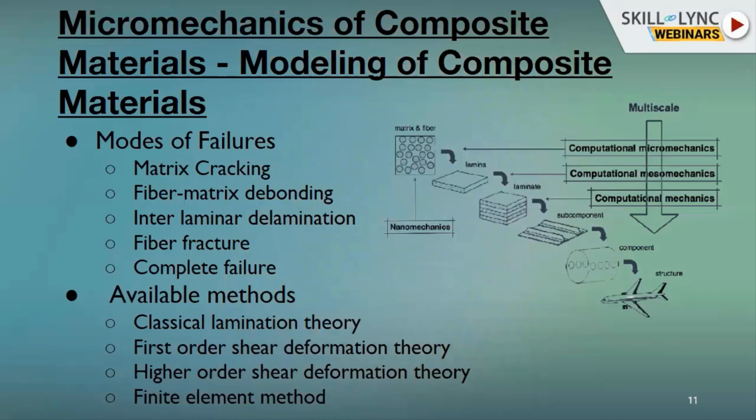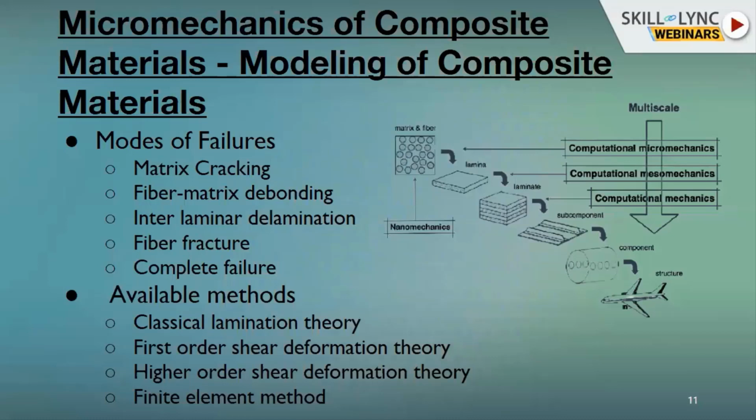So we use computational micromechanics to analyze composites at this scale, and from this scale we move towards a lamina and then a laminate. So this forms an intermediate scale called mesoscale mechanics, and then from there we form a component, subcomponent, and structure. So here we use the next scale called macromechanics. This we cover in computational mechanics schemes.